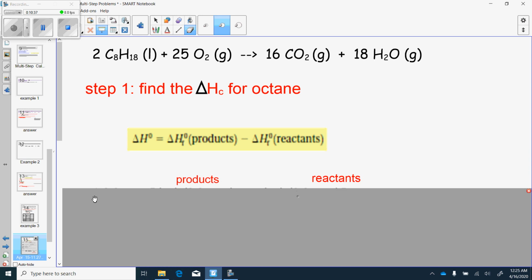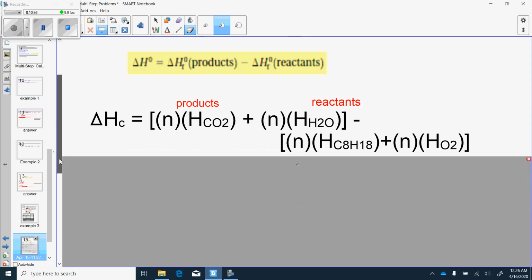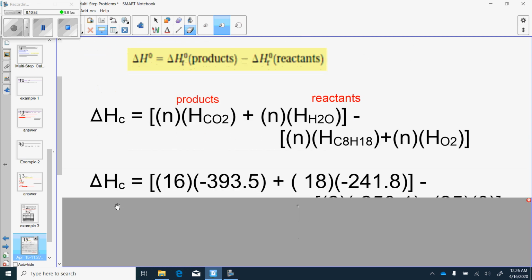Products first and then reactants. So here we go. Here's the chemistry. We're looking for the delta H of combustion. We need to know the moles and the H's for each of our products. We're going to add our products together, add our reactants together. So forming that little equation and then plugging in some numbers.